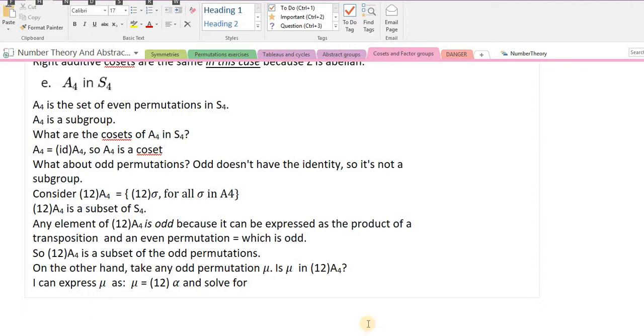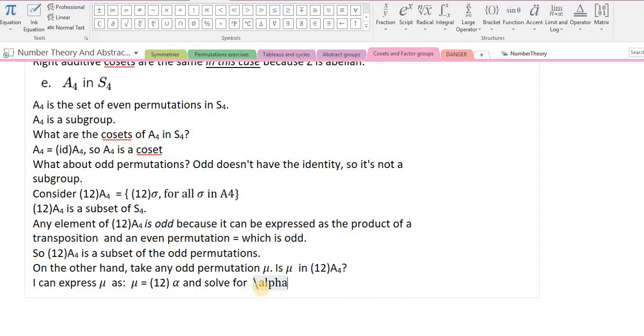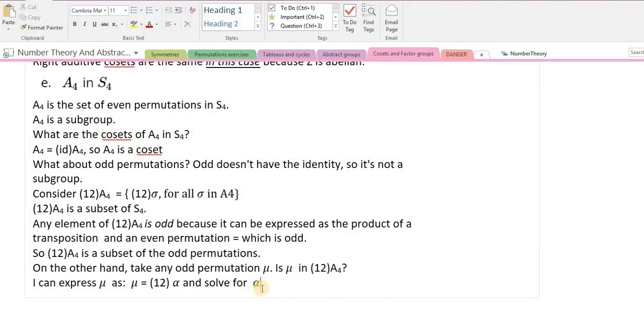Now, we've seen equations like this before. How would you solve this for alpha? You take the inverse of the permutation (1 2). And what's the inverse of (1 2)? It's (1 2). You got it. So you multiply both sides by (1 2) on the left-hand side.